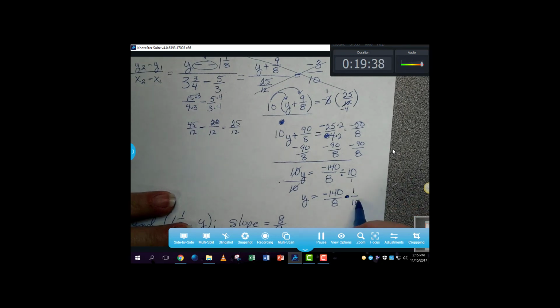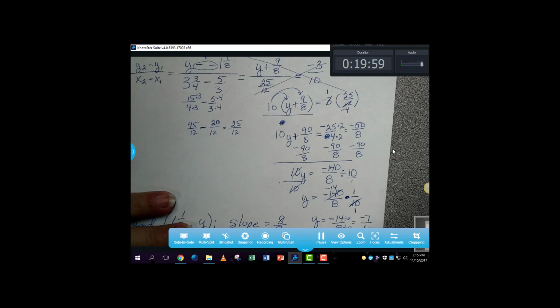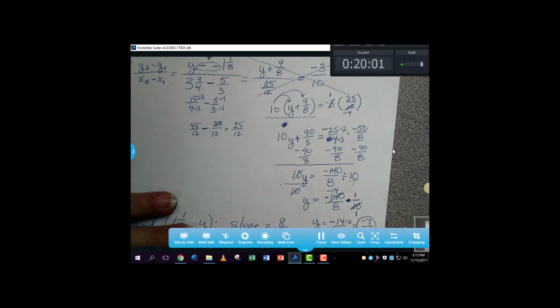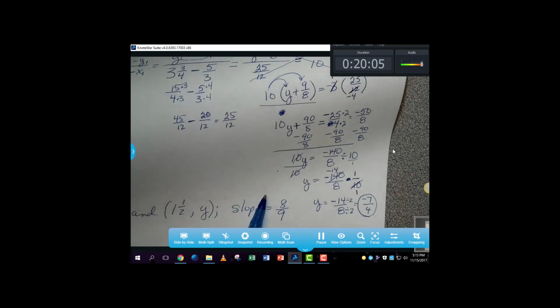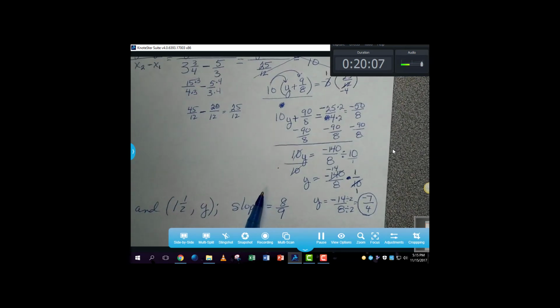Okay, I can divide this by 10, so 10 into 10 once. 10 into negative 140 is negative 14. I get y equals negative 14 over 8. I can divide both of those by 2. Y equals negative 7/4. A lot of this I did by hand just to show you how to do it by hand, but you could just as easily use the calculators.